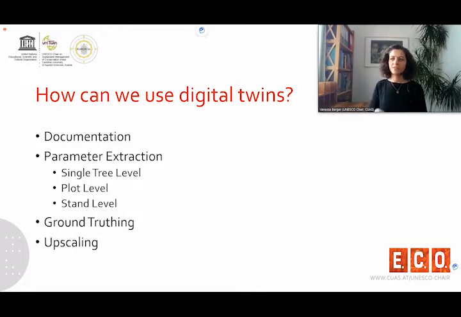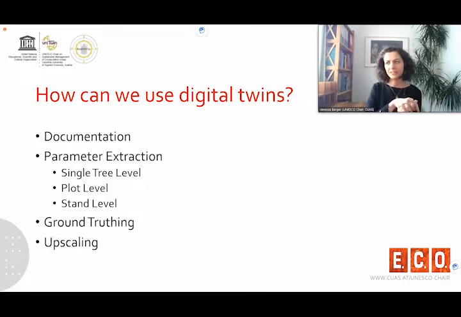Then there's another thing: you can not only have the parameters extracted for a whole stand, you can have single trees, so a lot of information located on one tree, then you can extract the whole plot.